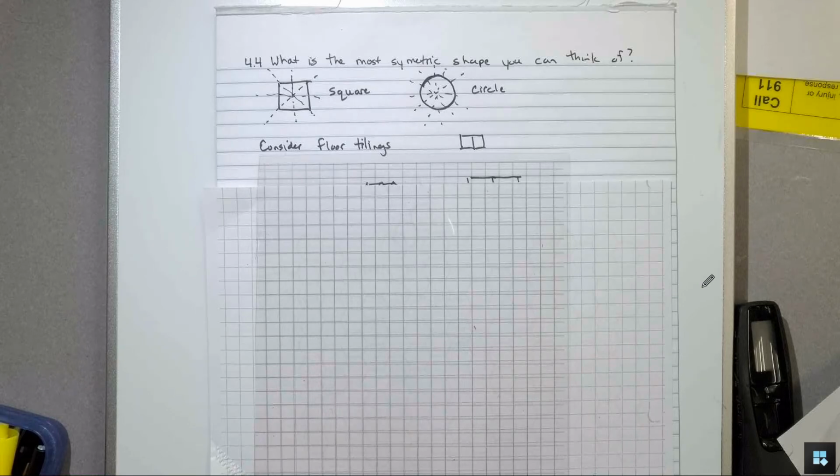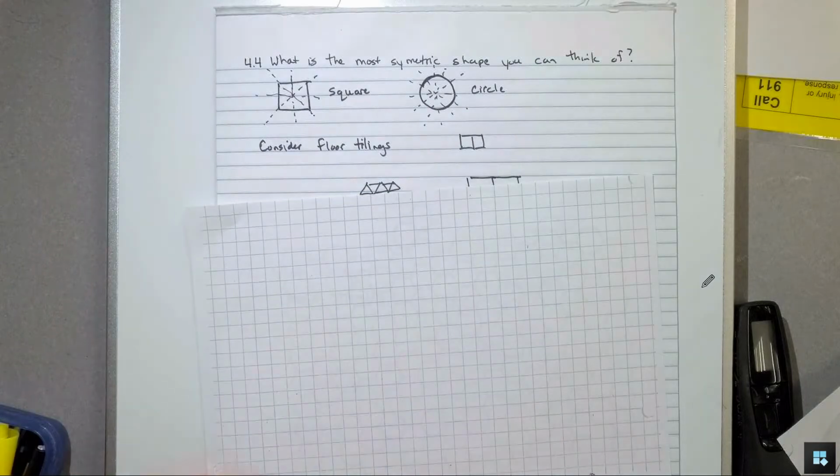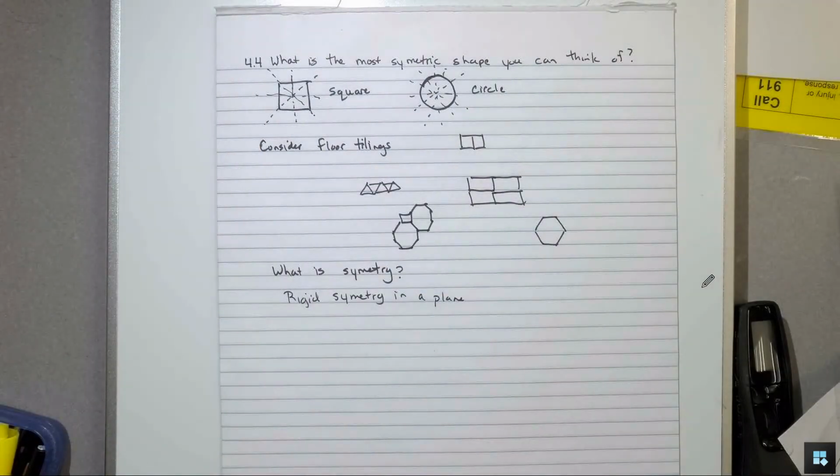Well, let's go ahead and write down a definition then for symmetry, okay? So this is what we've been exploring with these overheads, called rigid symmetry in the plane.